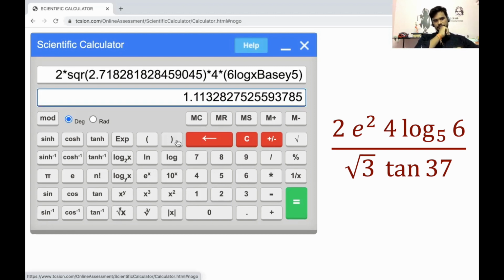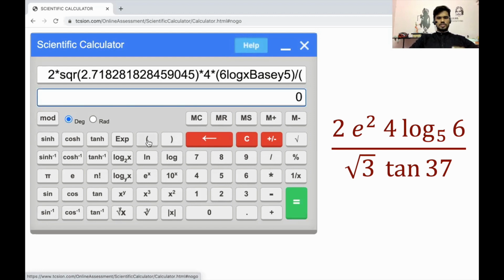Numerator is done. Then denominator, okay, we have a by term here. Just be careful to open a bracket, because there are more than one term in the denominator. So I open a bracket. First term is 3 square root. Square root, no, all the powers are here. Square root is somewhere over here. I know of students who are like, where is root?